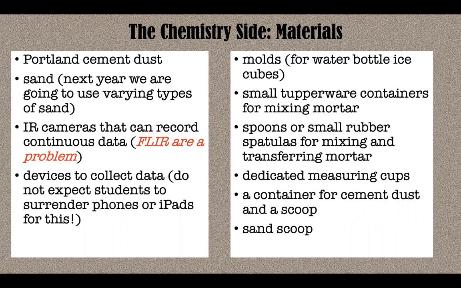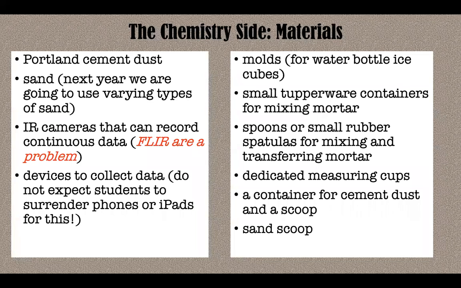And then our sand was in fairly small containers. I don't remember what it was left over from, but we still had it in the back of the room. I think they were making some kind of water filters. And I got something for them to scoop the sand up with. So those are the materials that we needed.